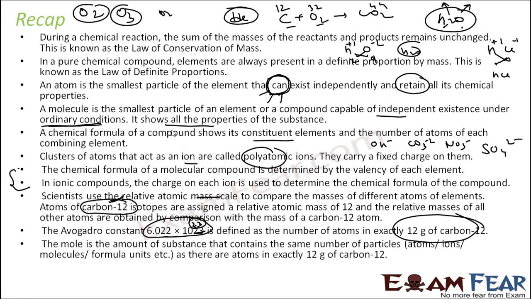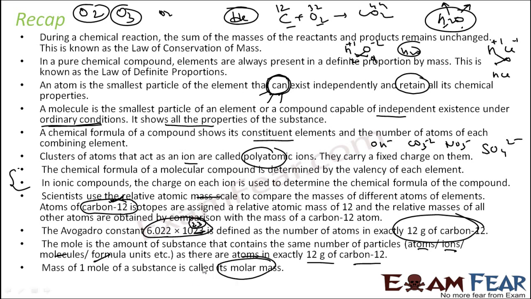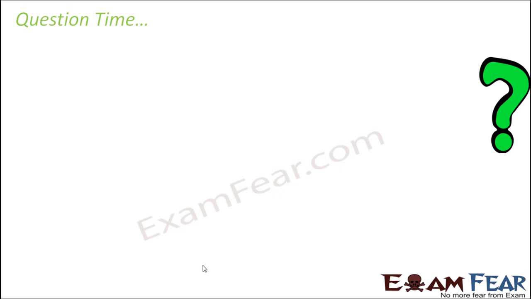As I told you, the mole is the amount of substance that contains the same number of particles, and the particles can be atoms, ions, molecules, etc., as there are in exactly 12 gram of C12. Also, the mass of 1 mole of a substance is its molar mass.